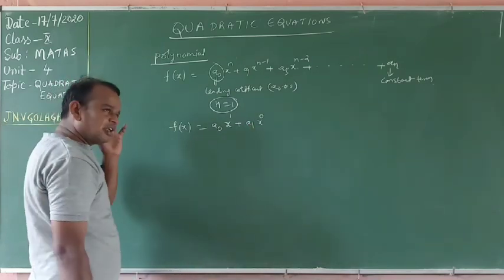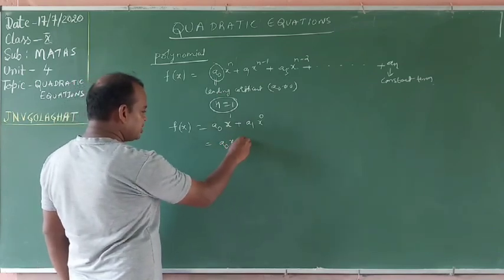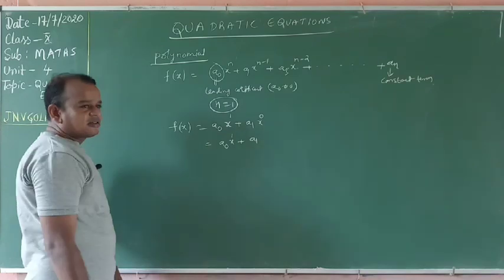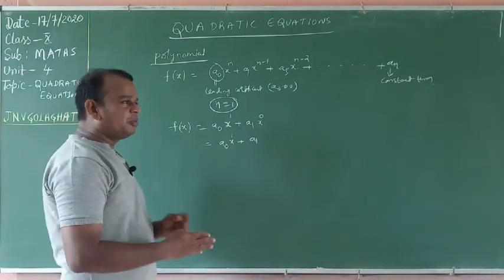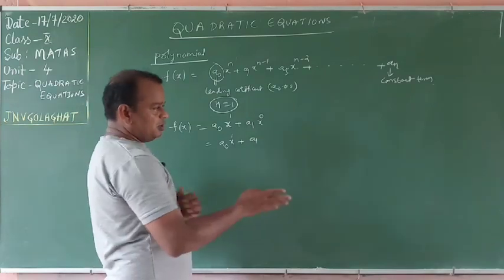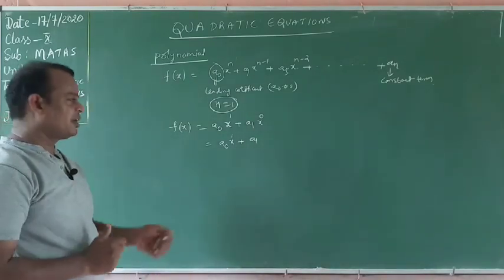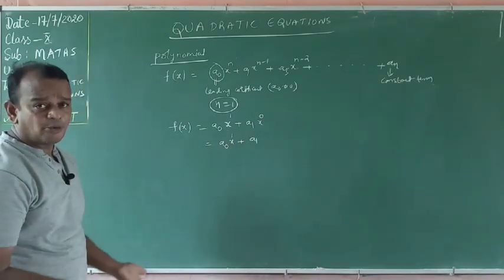After that, we cannot write negative powers. So a0 x plus a1. Now, x power 1 is there. This is called a linear polynomial. Whenever the highest power of the variable in the polynomial is 1, that is called a linear polynomial.